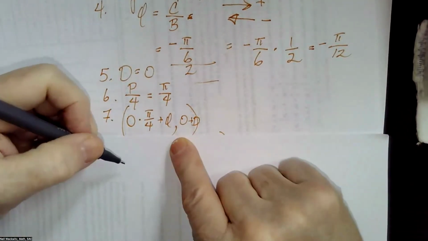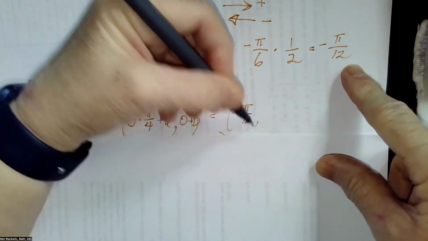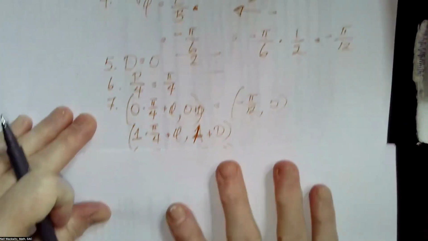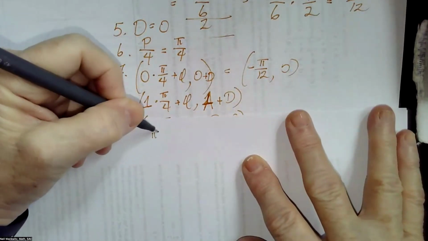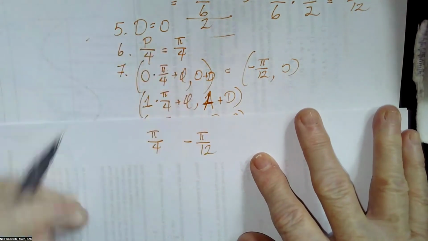So we've got, well, the first one is just b, which is negative pi over 12, 0. And then we've got pi over 4 minus pi over 12.